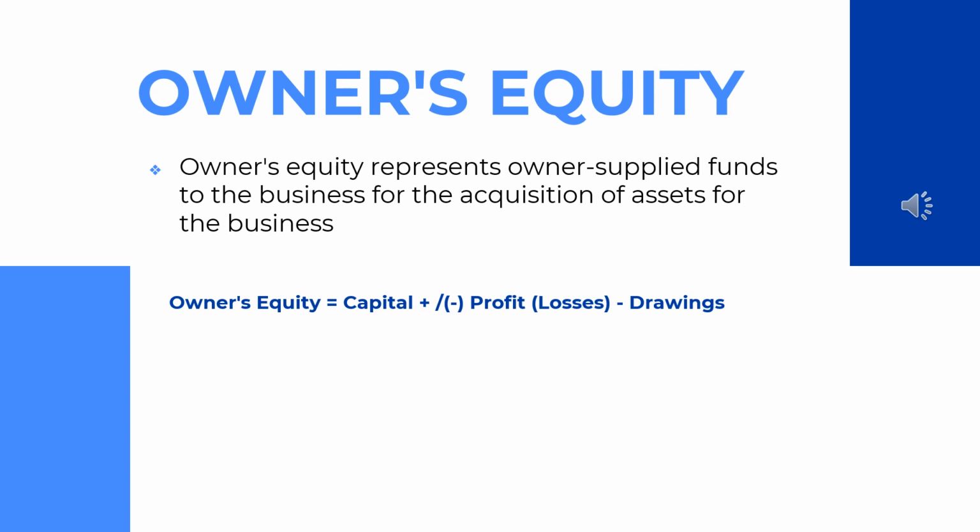Profit will increase the capital of the business, therefore increasing the owner's equity, whereas losses and drawing will reduce the capital of the business, therefore decreasing the owner's equity. Drawing occurs when the owner withdraws any asset of the business for personal use.